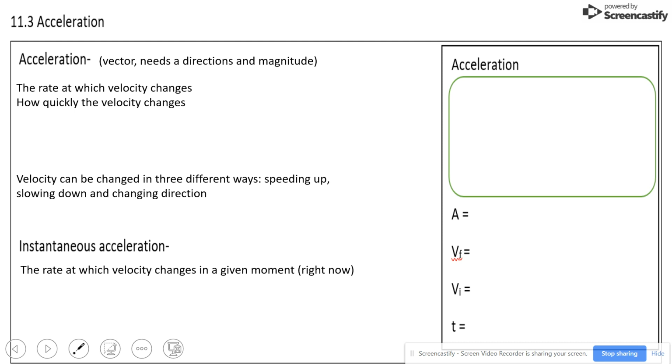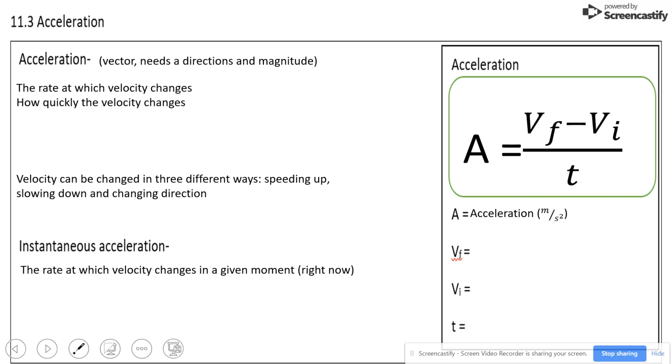When we go to look at how to calculate acceleration, we have A equals V sub F minus V sub I all over T. When we look at what each one of these represents, A is your acceleration, and acceleration is measured in the units meters per second squared.